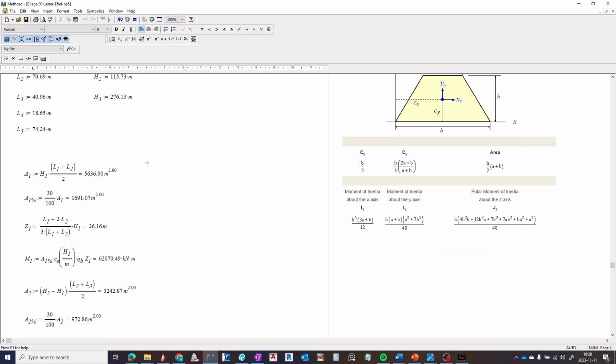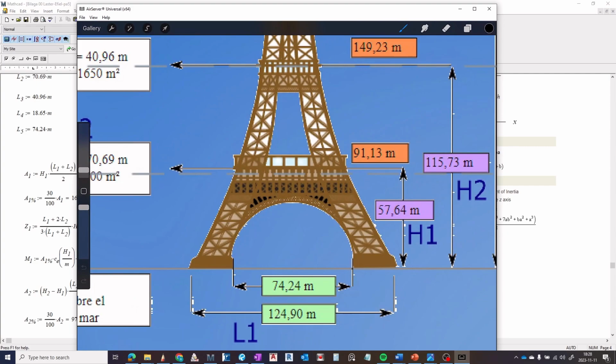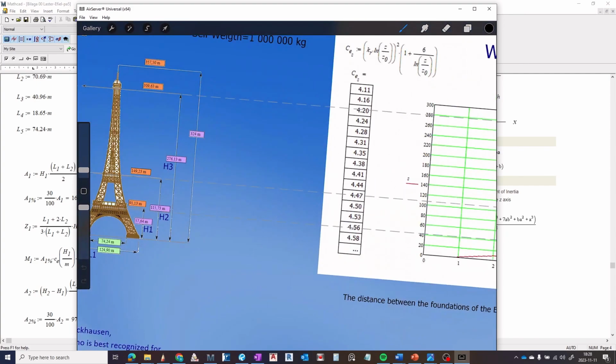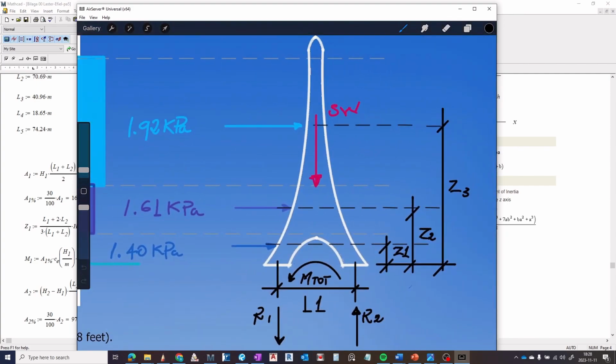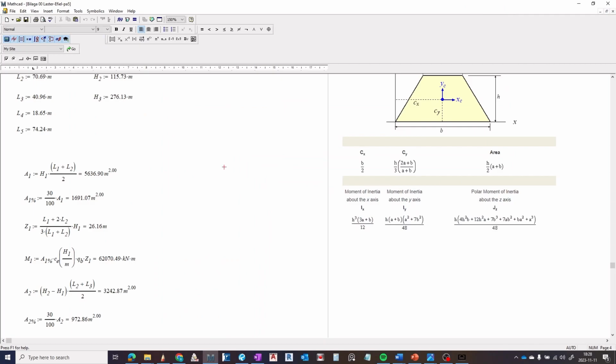Now the moment about the first level, theta 1, of course. I show you here theta 1, the first level here for the moment, and in that way I multiplied the area by the wind factor, the height and the pressure here.